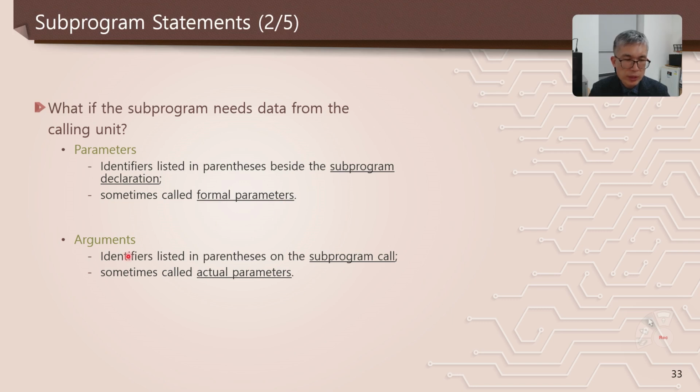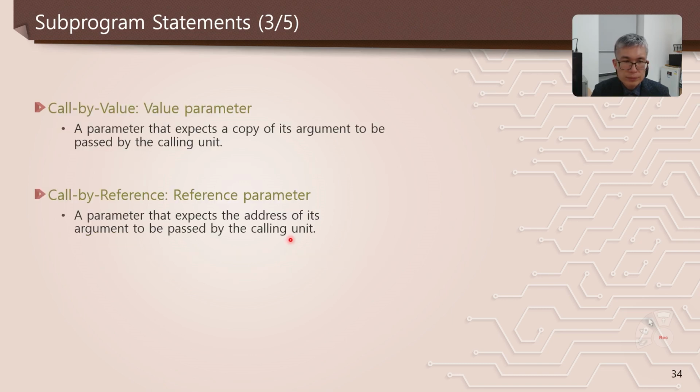On the other hand, arguments are identifiers listed in parentheses on the subprogram call, the function call. They are called actual parameters. So in this case, the declaration or definition of the function has parameters, and the arguments are in the actual running function call.